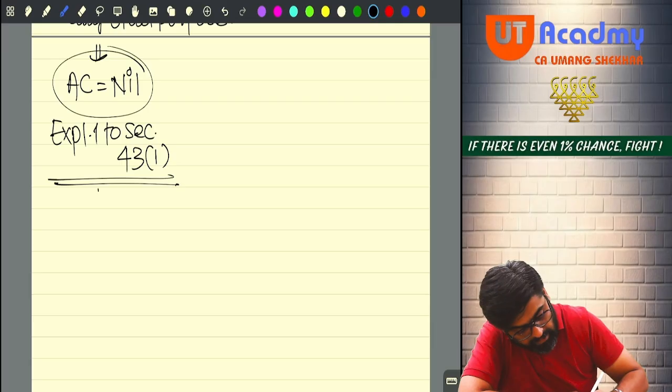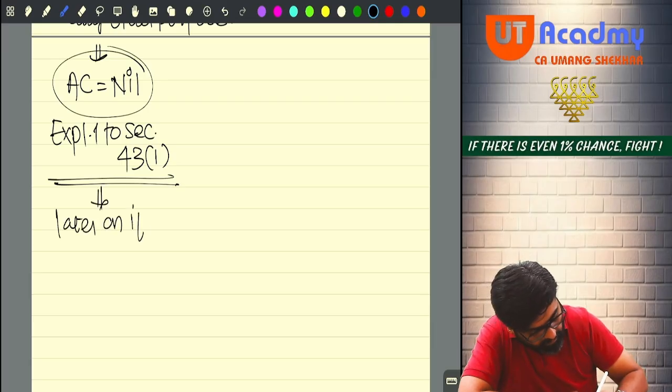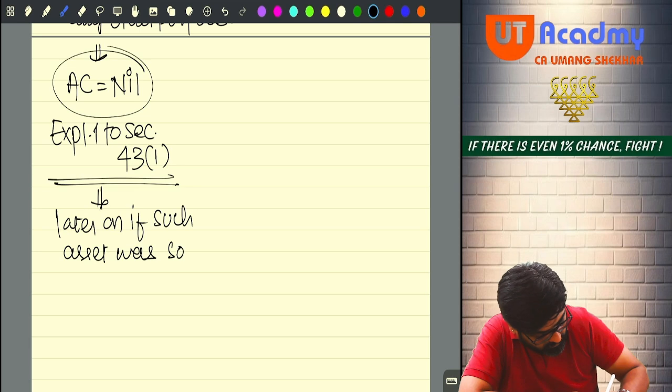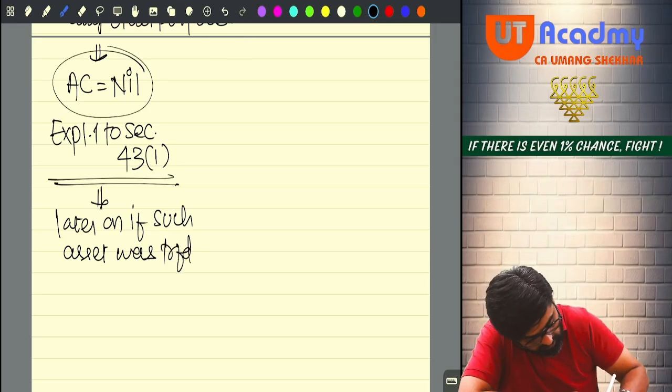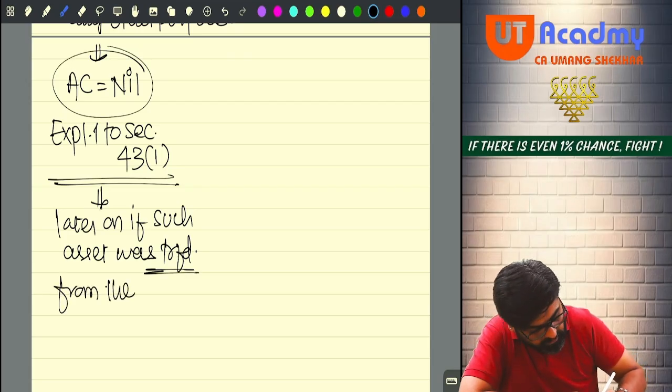Now later on, if such an asset was sold or transferred, it will be transferred from the block only, where it now belongs. Yes or no?